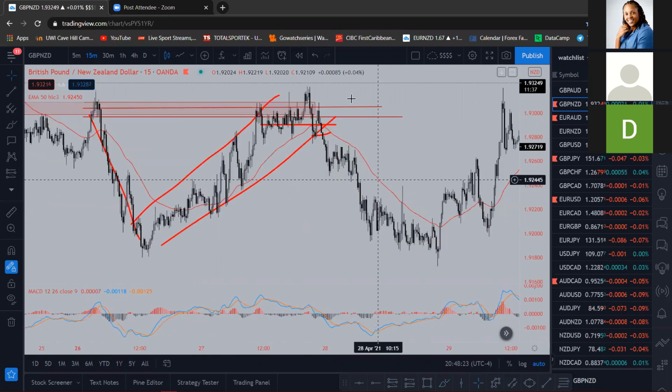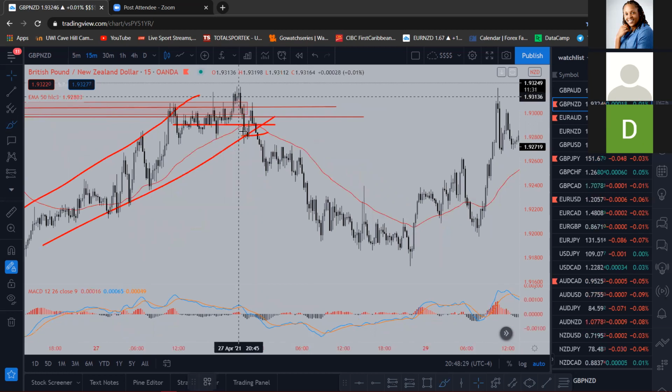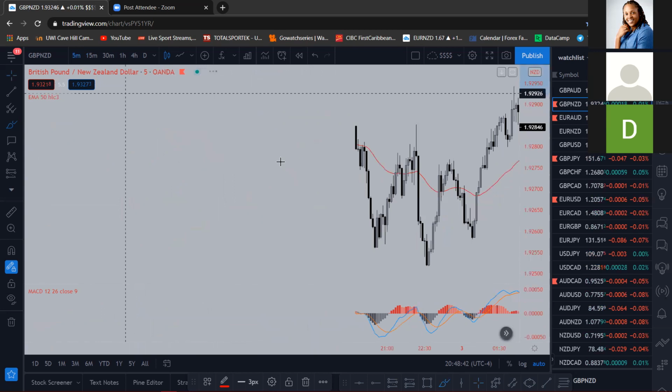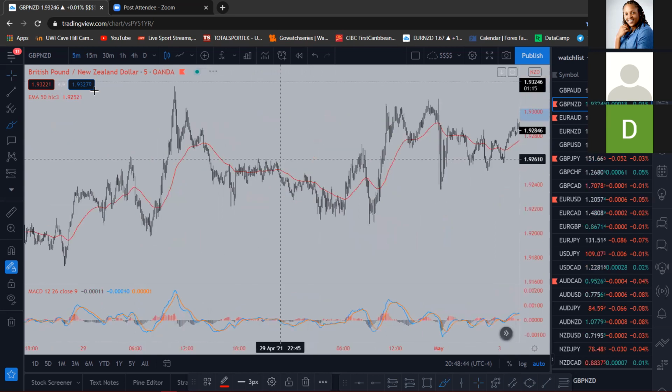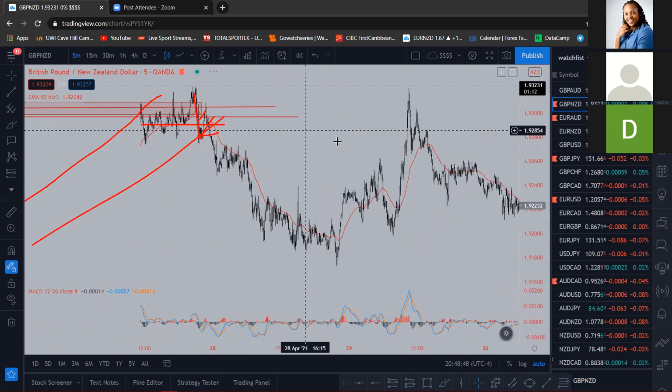Same thing applies here. We had our impulse, which is this move here. Then we had our flag. We will probably see it better on the 5 minute.